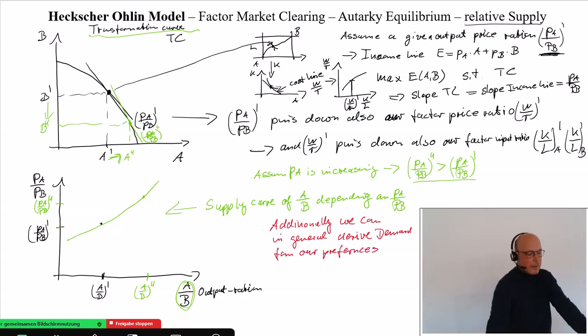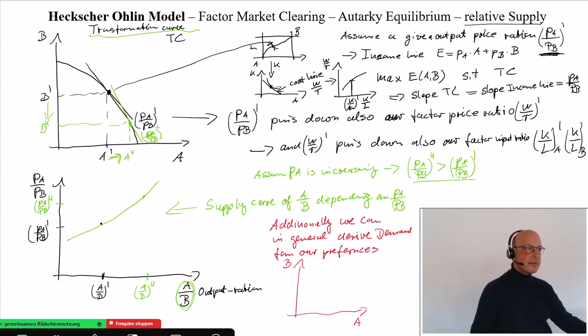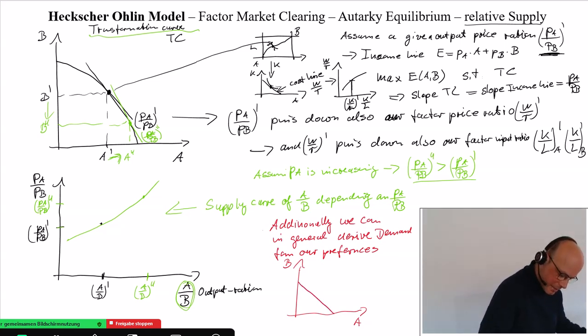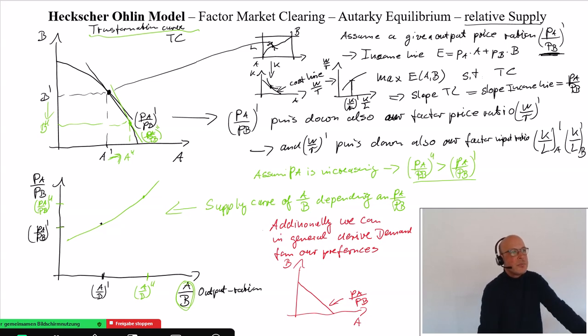Well, given our price ratio, this is now definitely what you have learned in microeconomics. The household optimization, this was your budget line, the slope of your budget line was represented by the price ratio as we have it also here. Let's also say that this is PA over PB prime.